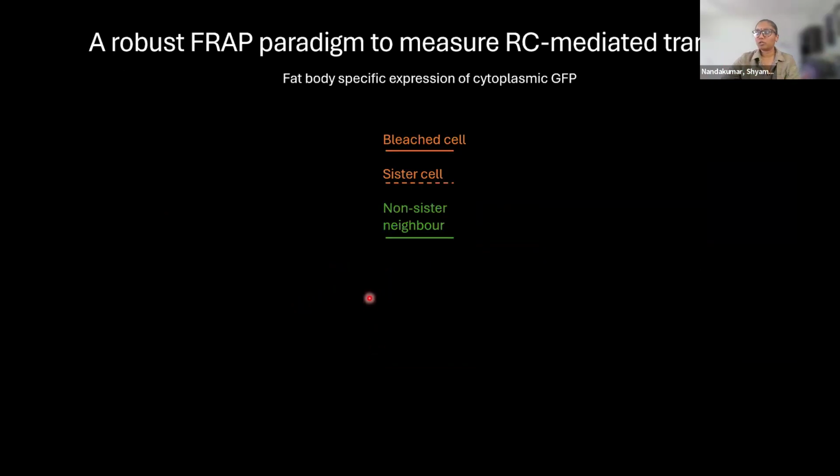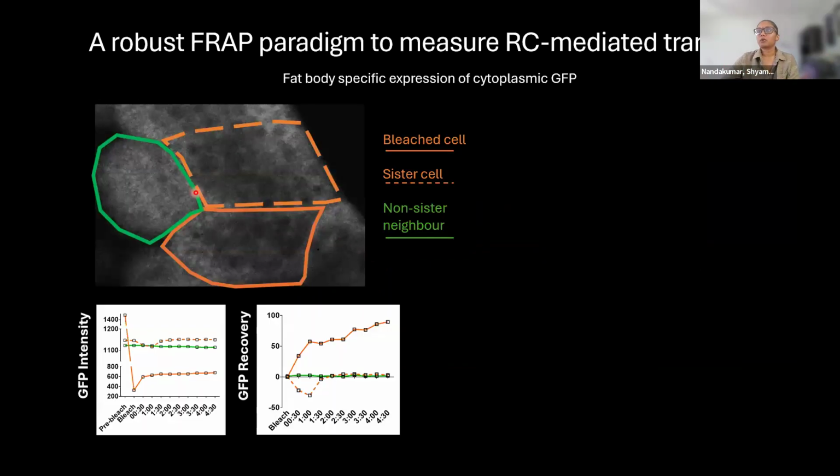So I'm just going to show you an example of this. In this video, I'm going to bleach this cell. And I know that this is the sister cell based on a ring canal reporter that I'm not showing in this particular video. And here's a neighbor that it's touching, but not connected to through a ring canal.